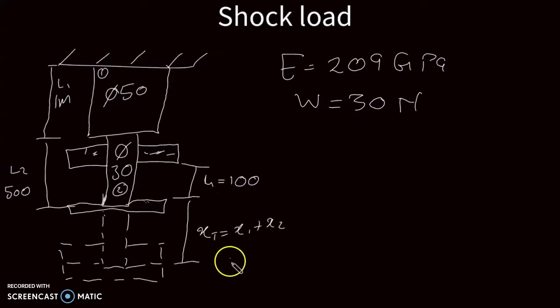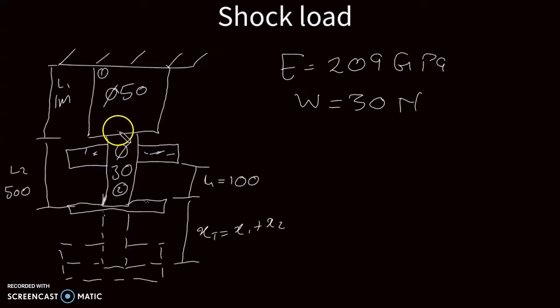The total extension will be the product of x1 plus x2. We're given the Young's modulus as 209 gigapascal, and we're given the weight as 30 newtons, and then we are given the length number 1 meter, length number 2 is 500 millimeters.